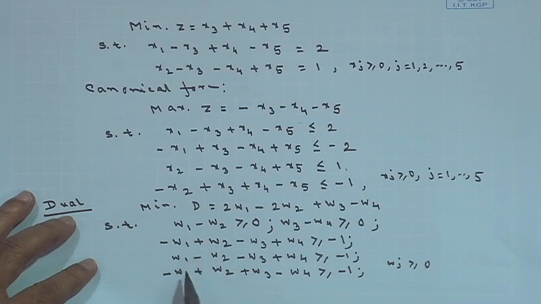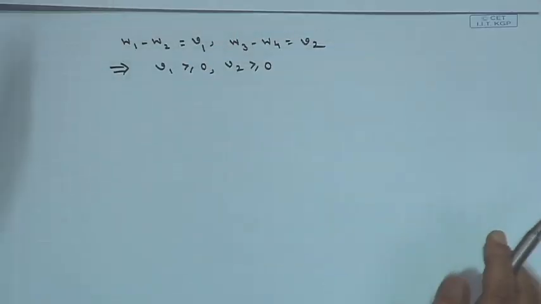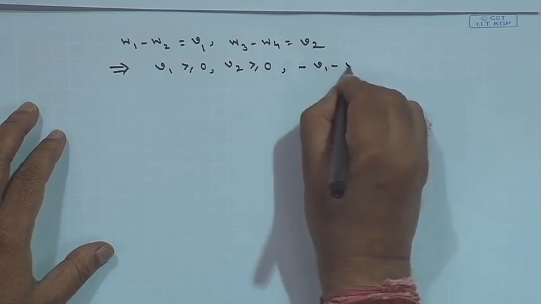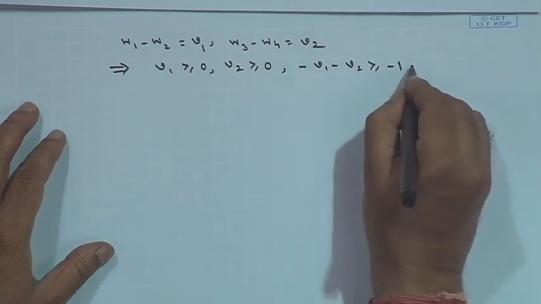Similarly, the next one will be minus V1, if you take minus common, then it will be W3 minus W4. So, it will be minus V1 minus V2 greater than or equal to minus 1.